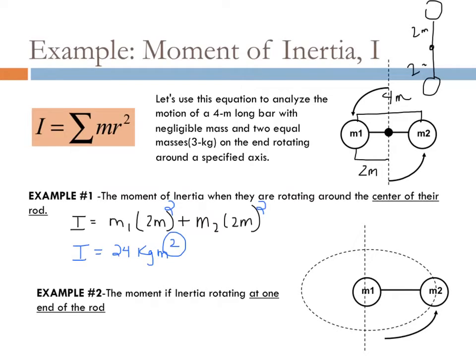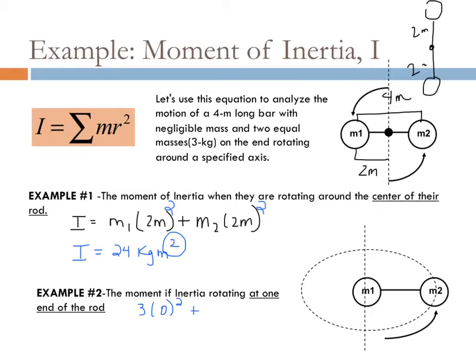Now for this second example, it says a moment of inertia rotating at one end of the rod. So now my R has changed. Now my masses have not. So my mass is still 3 kilograms. And for mass 1, it is 0 meters away from its axis of rotation because it's actually rotating about M1.